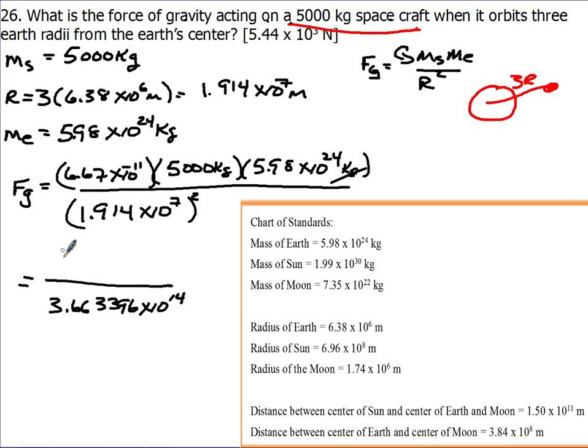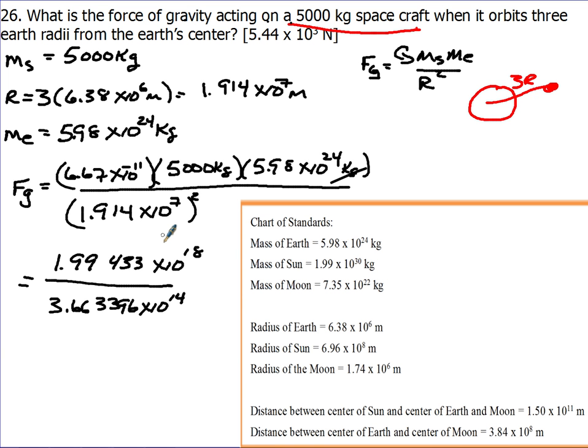I make a lot of mistakes, folks, and this is one way I can cut down on my mistakes, is to not retype things in. So now I'm going to multiply all this mess straight across. 6.67 times 10 to the negative 11 times 500 times 5.98 times 10 to the 24th gives me 1.9943 times 10 to the 18th.